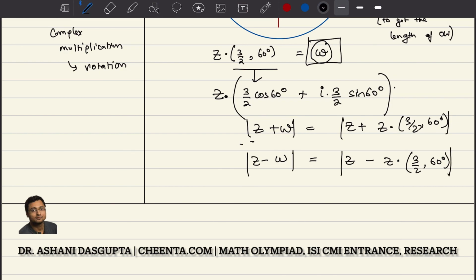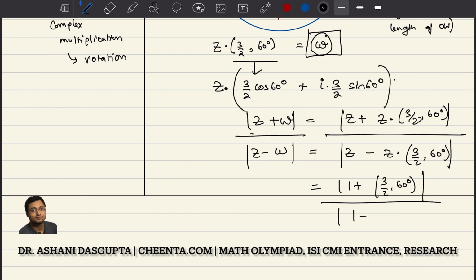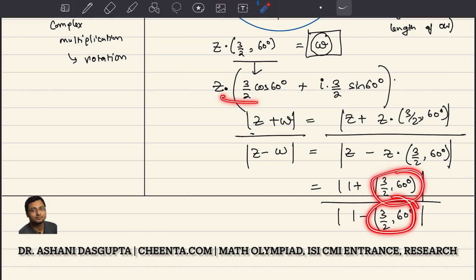You can pull out the z. So if you do that, you will get 1 plus (3 by 2, 60 degree) divided by 1 minus (3 by 2, 60 degree). Of course, you have to convert this polar coordinate into the Cartesian coordinate and then do the remaining computation.